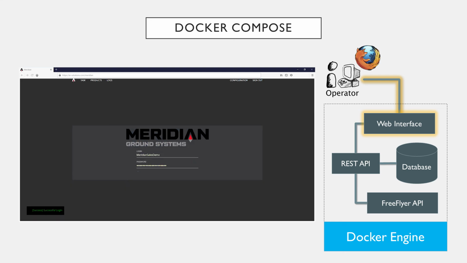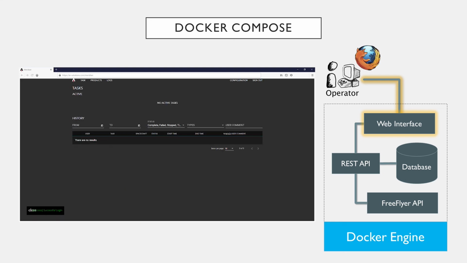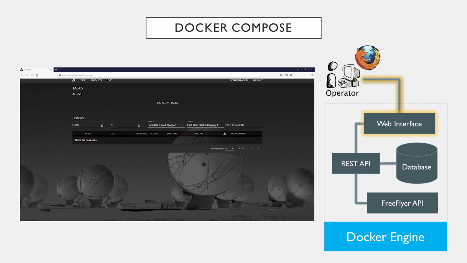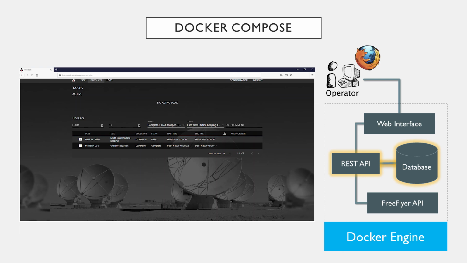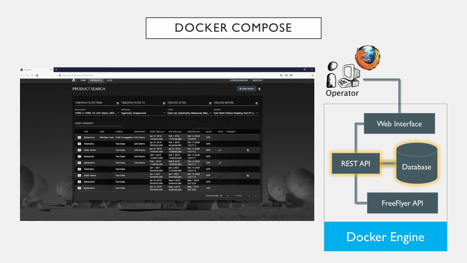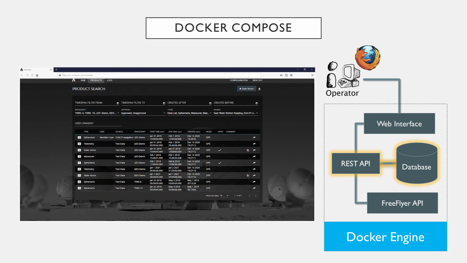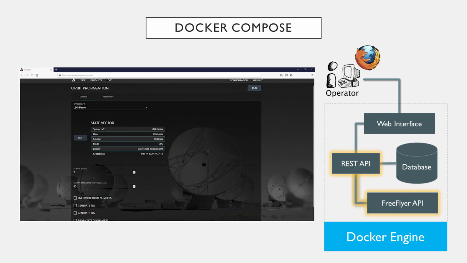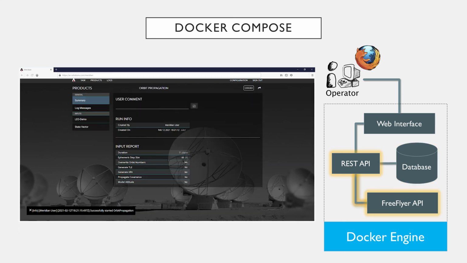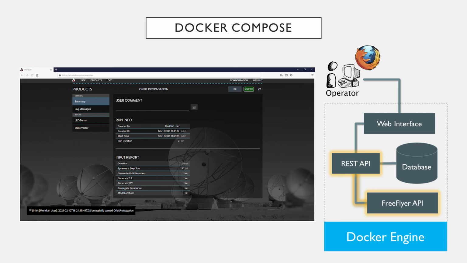This shows us that the web interface container network is correctly mapped to the host network and enabling it to serve the web contents. As we log in and take a look at the products in our system, we know that the REST API container is correctly mapped and able to accept connections from our user's computer, and that it's working correctly with our database container. And as we run our orbit propagation task, we see that our REST container is successfully passing our data to our FreeFlyer API.